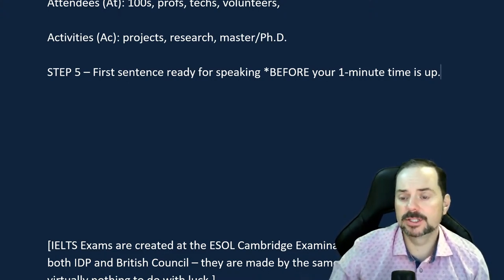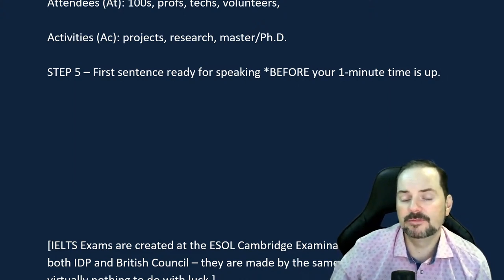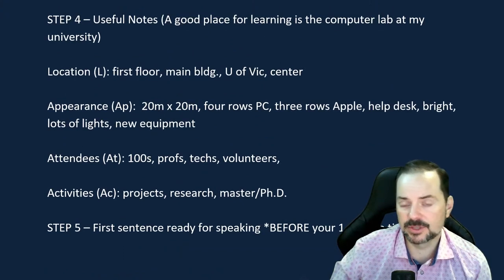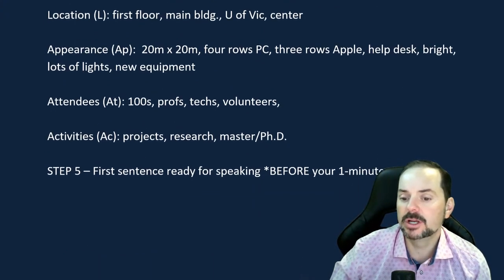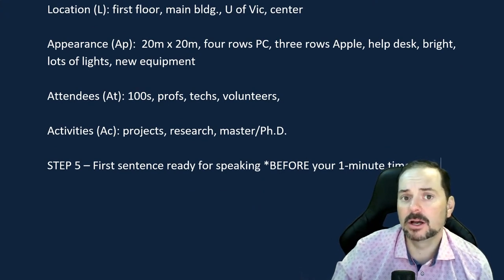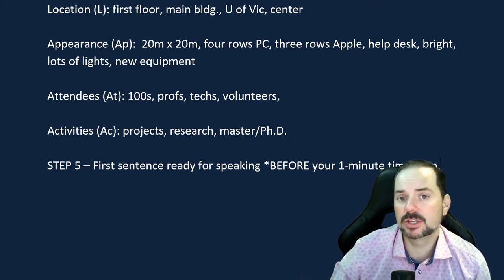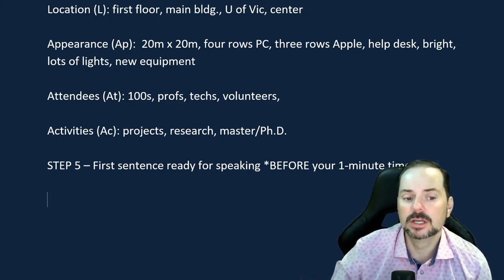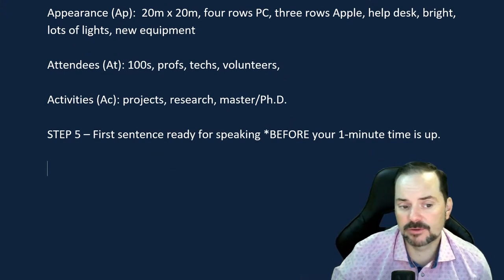Okay, step 3 and step 5 are the most important. You can kind of figure out the other steps while you're speaking if you have to. Okay, Zarina? So what I mean is that if I can come up with the idea of computer lab at my university, then I can come up with my first sentence.